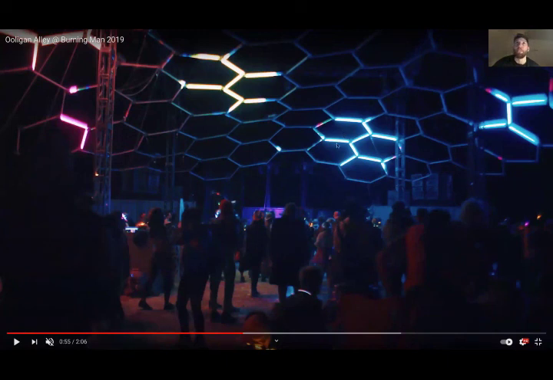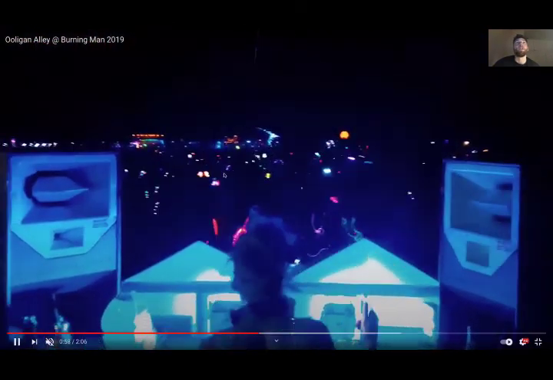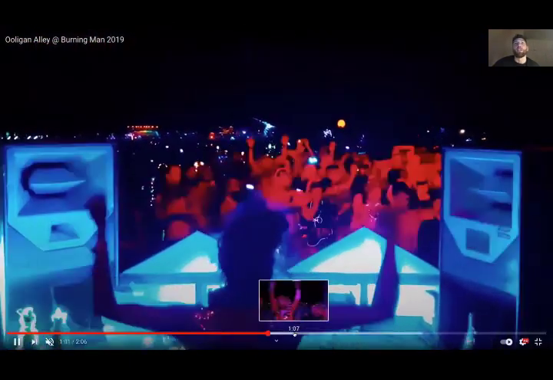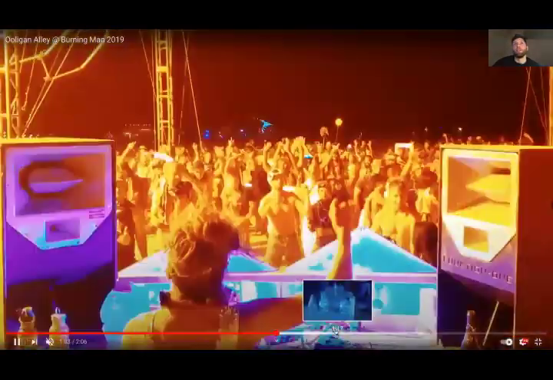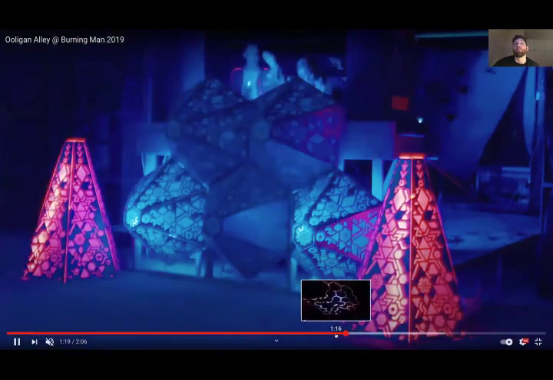So the plastic tube that I mentioned is essentially also functioning as a diffuser. And that's how you get these really smooth gradients as the lights oscillate from one color to the next. It looks like they're blending together.